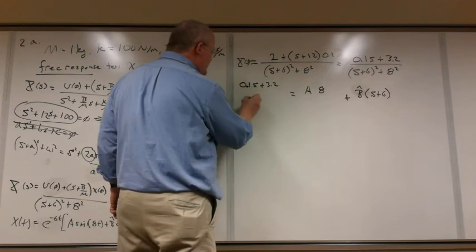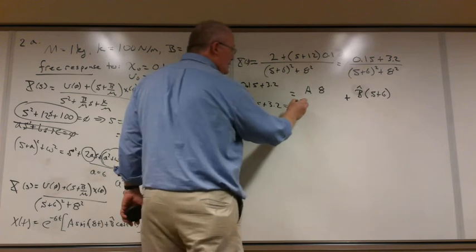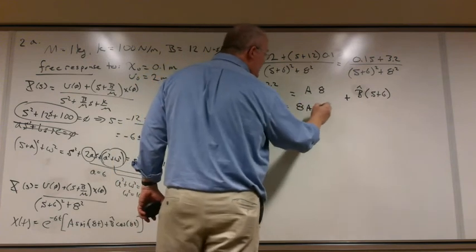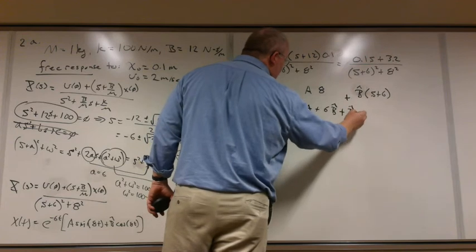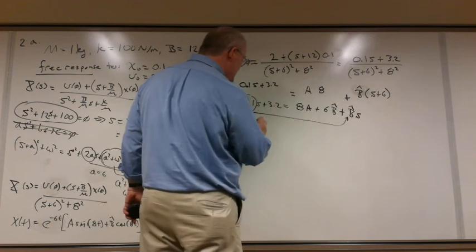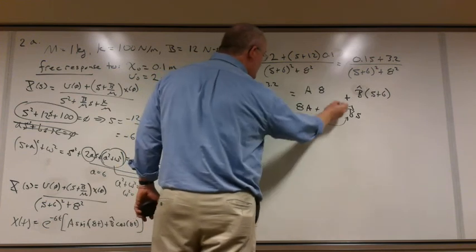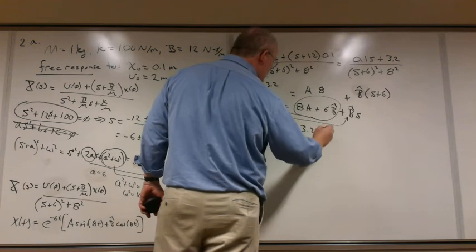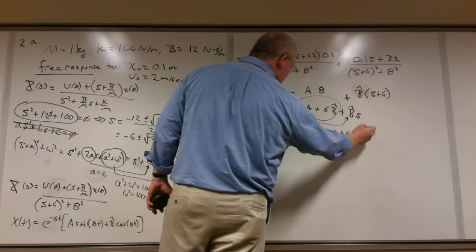What do we have? 0.1 s plus 3.2 is equal to 8a plus 6b hat plus b hat times s. Fairly obviously, b hat is equal to 0.1, and then 3.2 is equal to 8a plus 6 times b hat, which is 0.1.